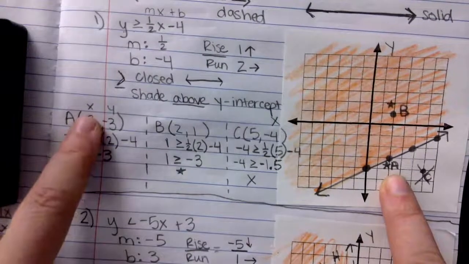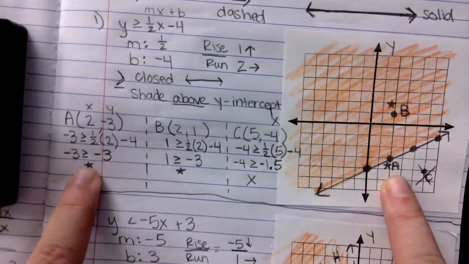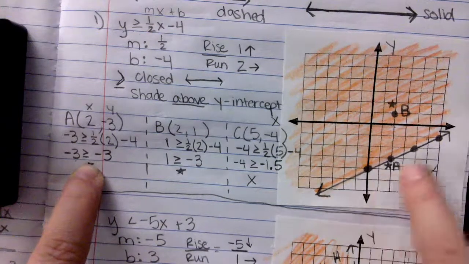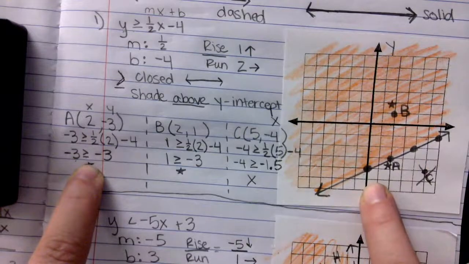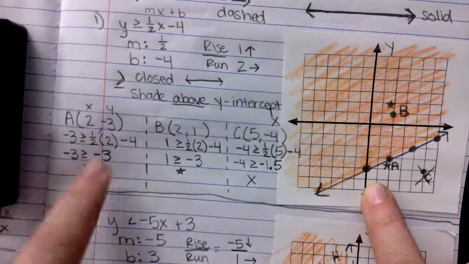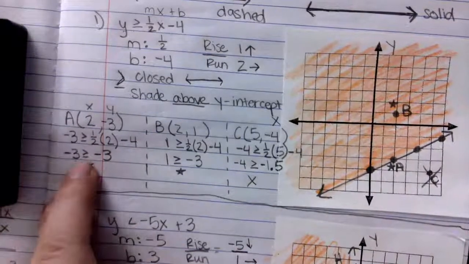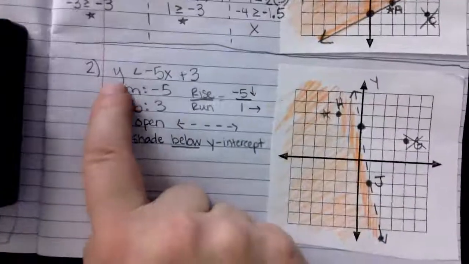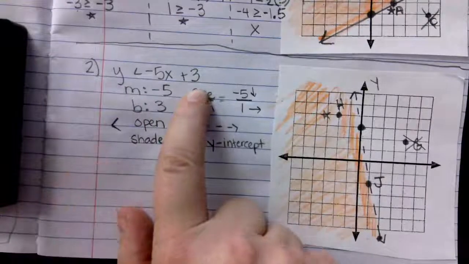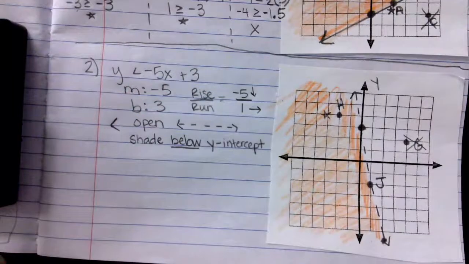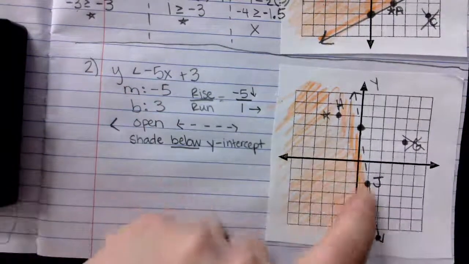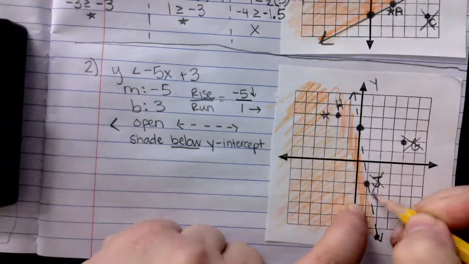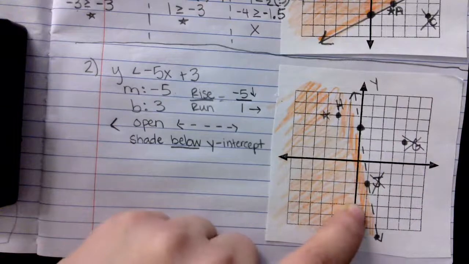This time it was okay because we had that equal to option. If I get an equal to in this inequality, like 2 is less than 2, does it work? No. So because it's dashed this time, it's an open line, the line doesn't work. J is not a solution. Okay? But back in that last problem, A works because it's a closed line. It has that equal to option. Does that make kind of sense? It's a little abstract.